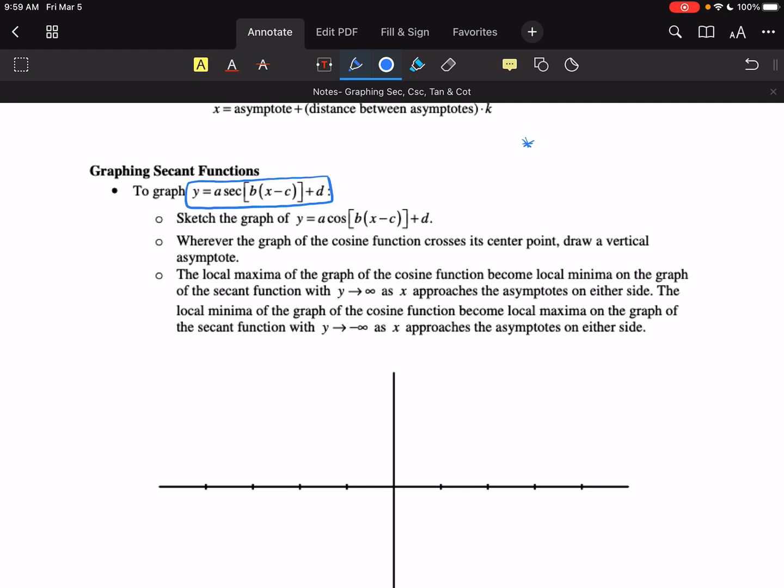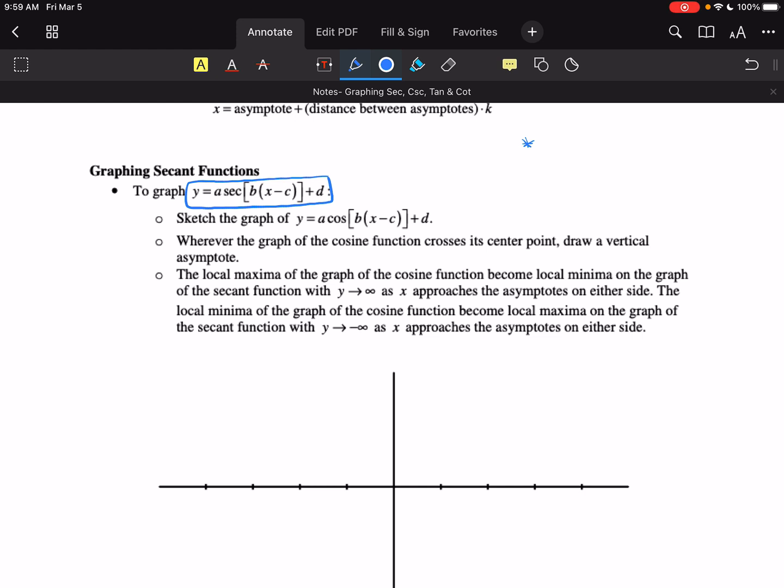And that's only the case for wave-like functions. Secant and cosecant don't have amplitude. You'll see once we graph it, the shape is not something that has an amplitude, but we still describe A as A, and it still behaves the same. It gives us one of our main points that we need.